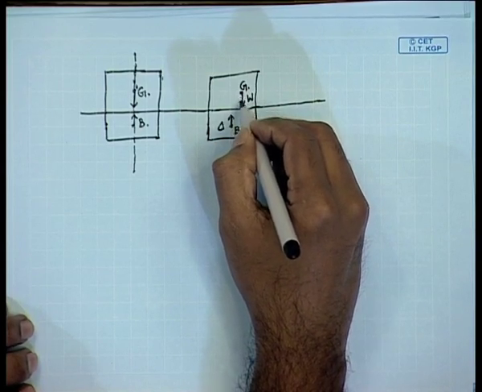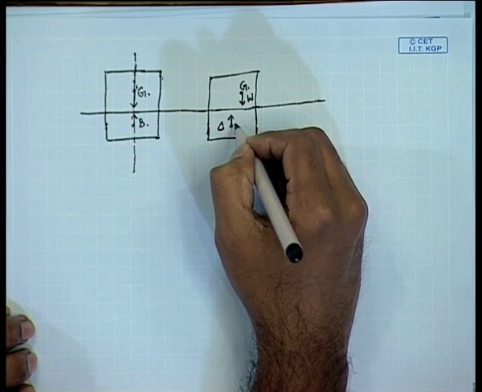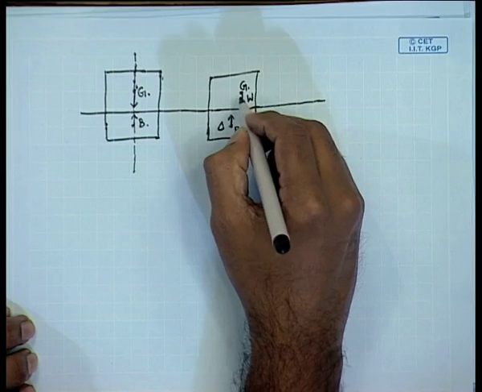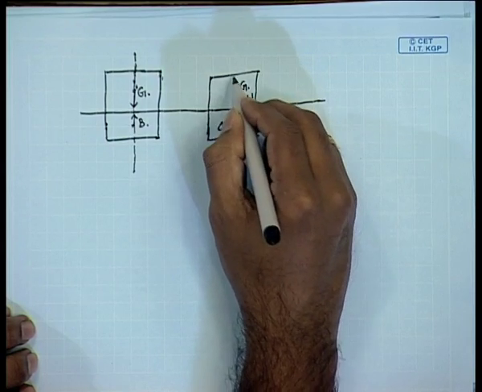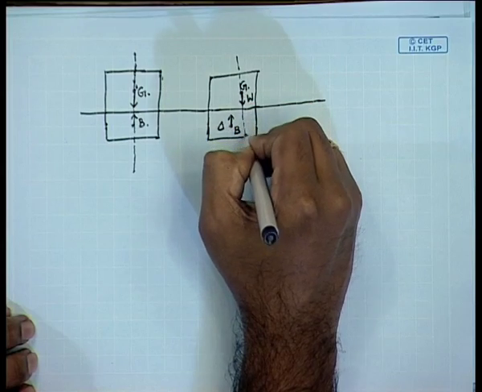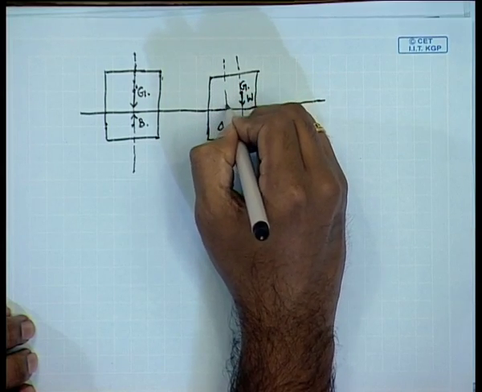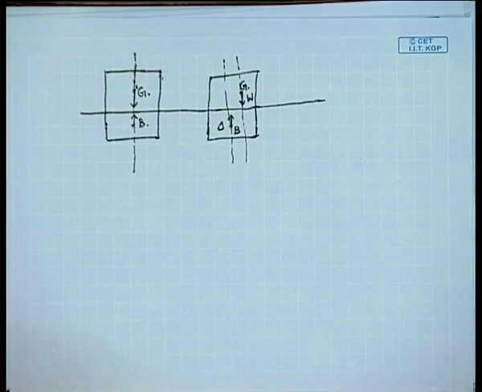So, we have the center of gravity and center of buoyancy at different points and they are not on the same straight line. So, we have two forces that are acting in opposite directions and separated from each other. So, as you know, they will produce a moment.